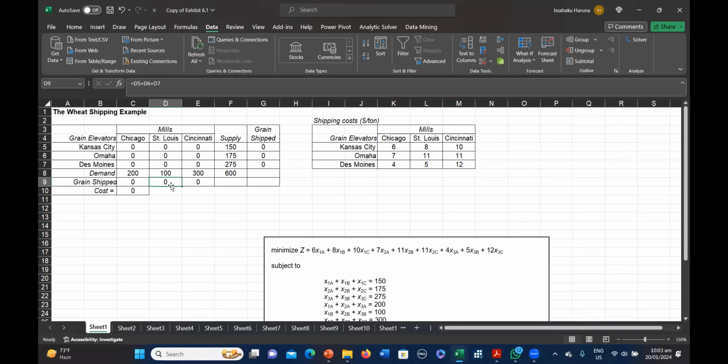The value in what? Because demand is equal to what? Supply. When you sum the row of a column, it will be equal to what? 600.